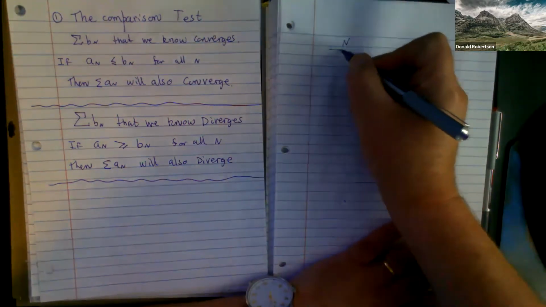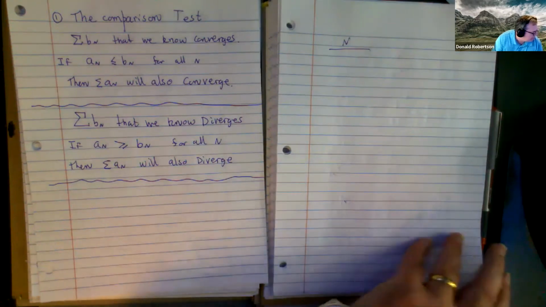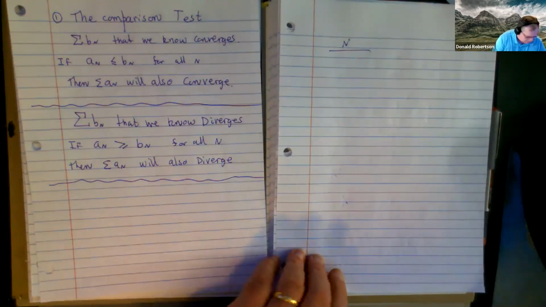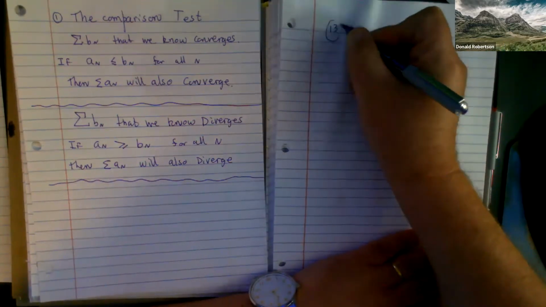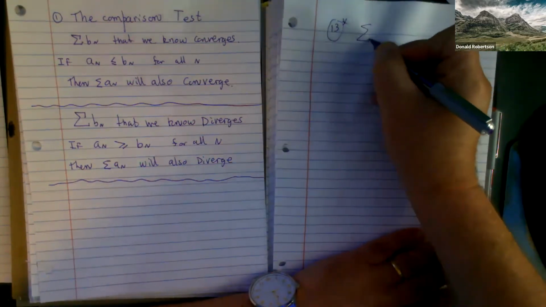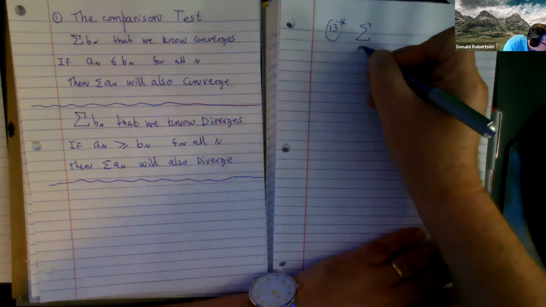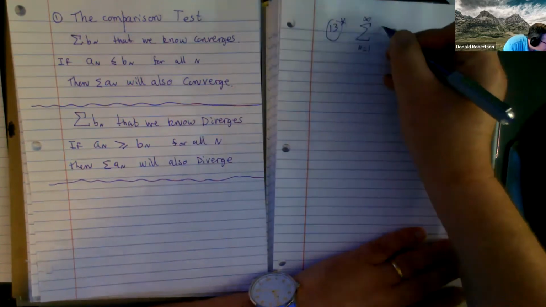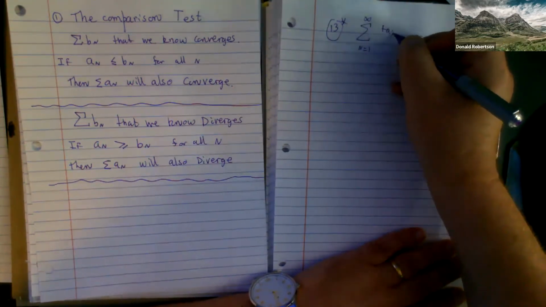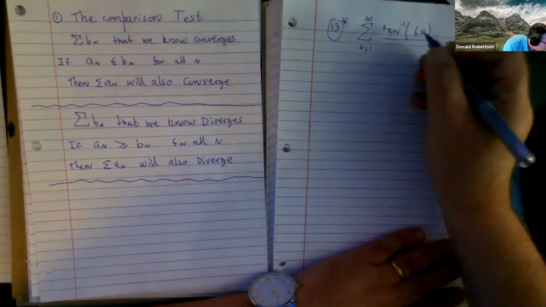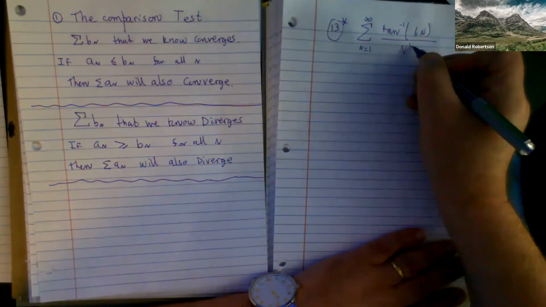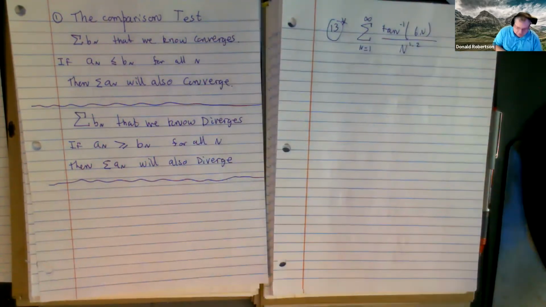Okay, let's move. Well, no, we don't need to do that one. Right. Okay, let's do this one. This is a version of question 13. And we're being asked to find and to prove that this guy does it converge or diverge?